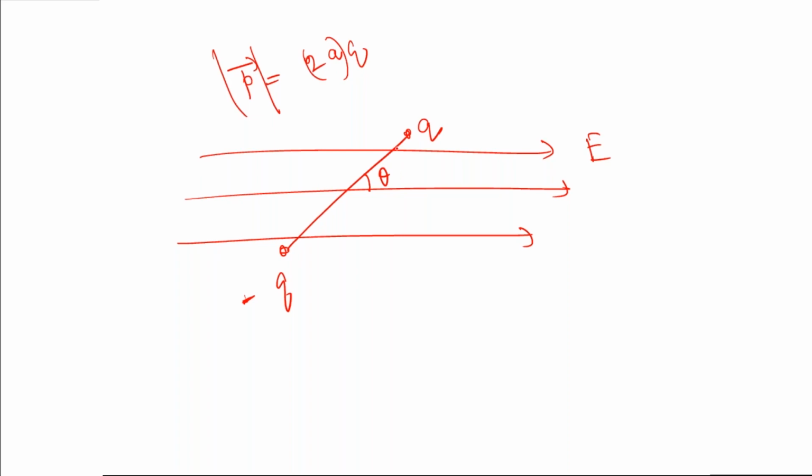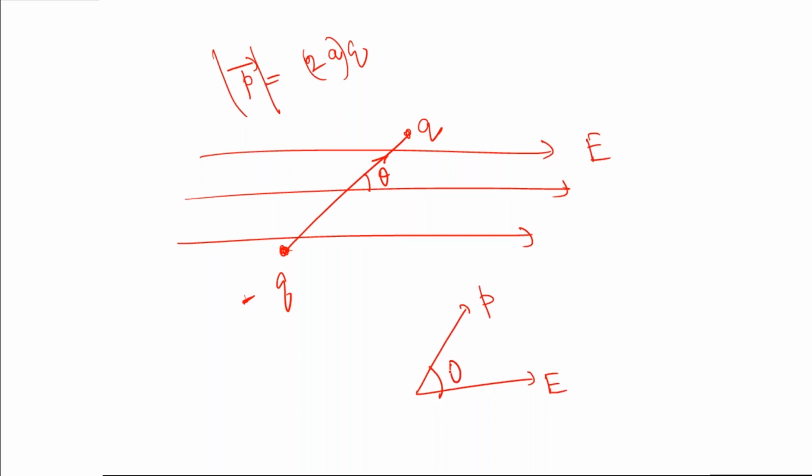The direction of this is from negative to positive, this way. So you have the dipole direction like this, this is p, and you have the direction of the electric field this way, and you have an angle theta over here.